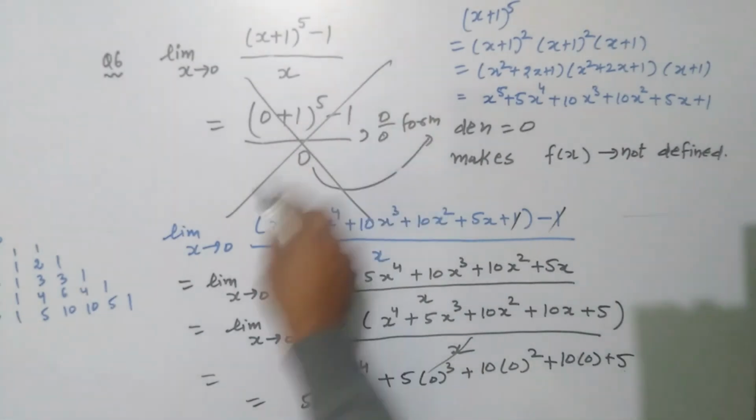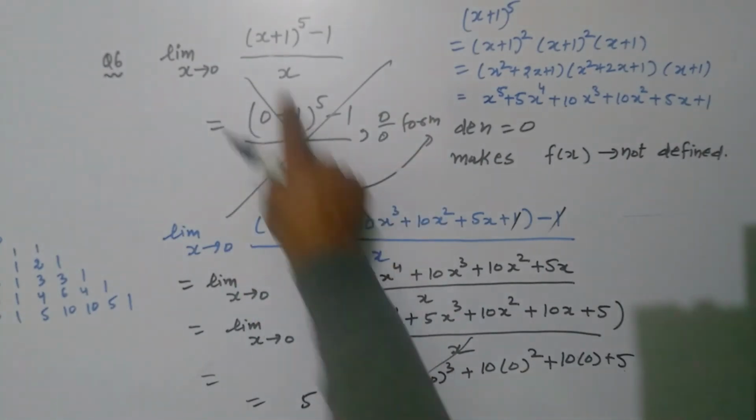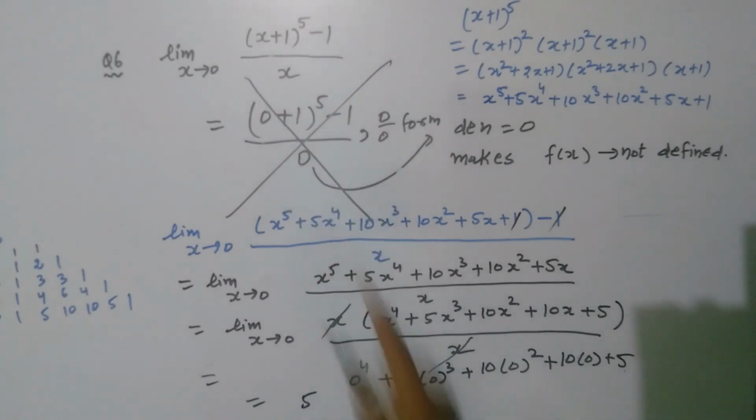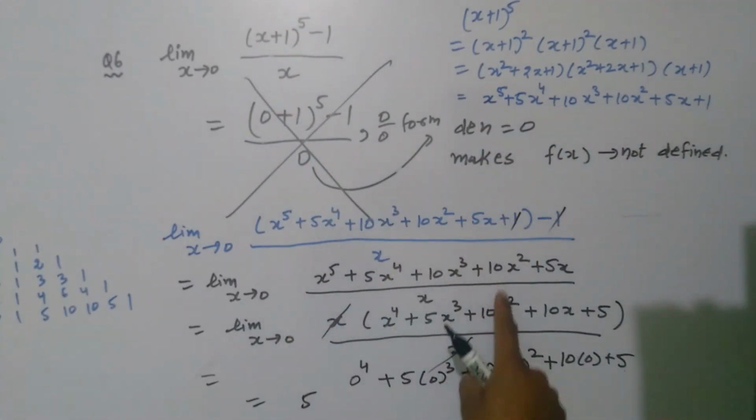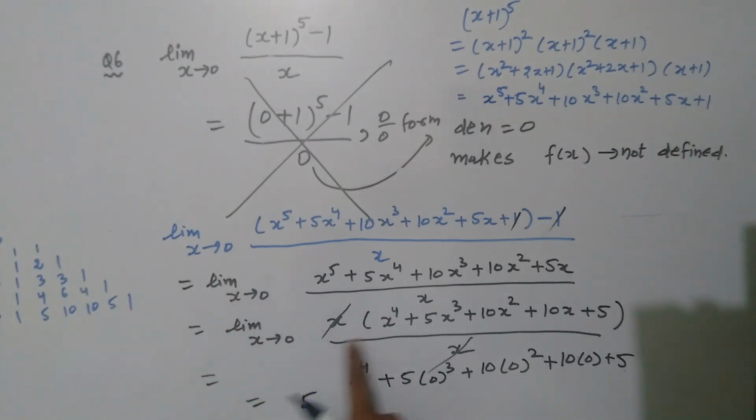So this path we have changed, we opened this bracket like this and substituted the value x equal to 0, and finally we got the limit 5.